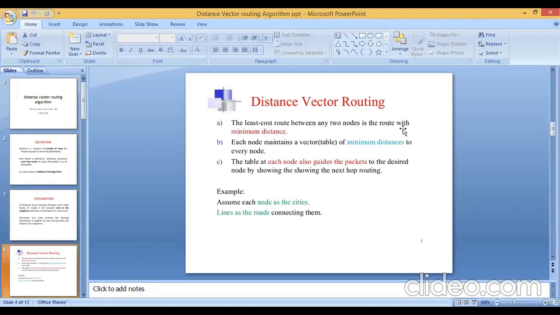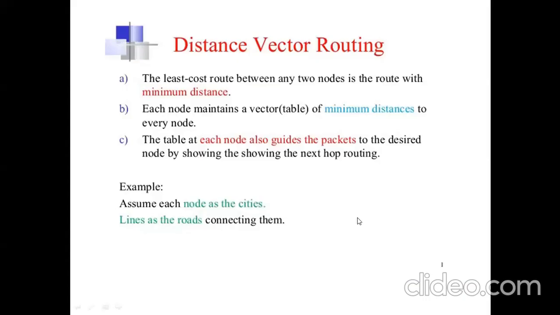Here, distance vector routing means the least cost route between any two nodes, the route with minimum distance. Each node maintains a vector or a table of minimum distances to every node. So each node maintains a separate table for that particular node and its neighbor nodes.